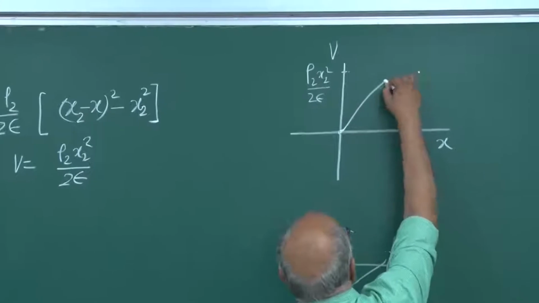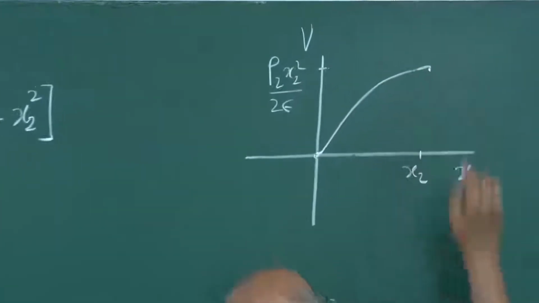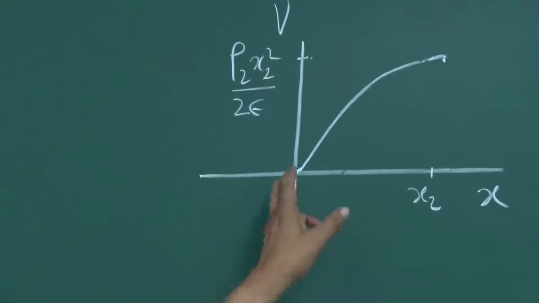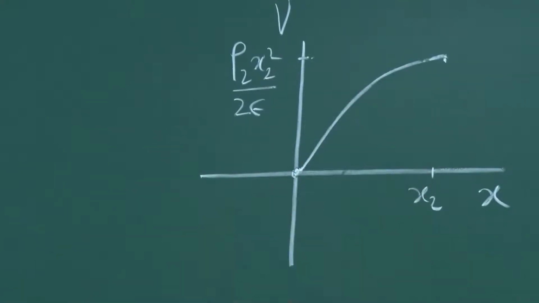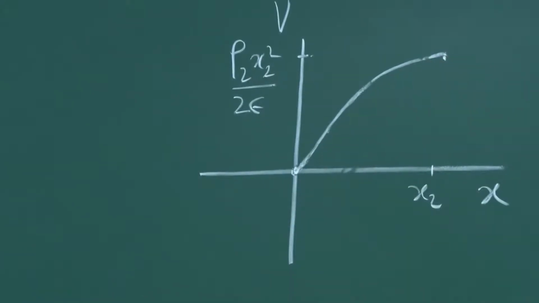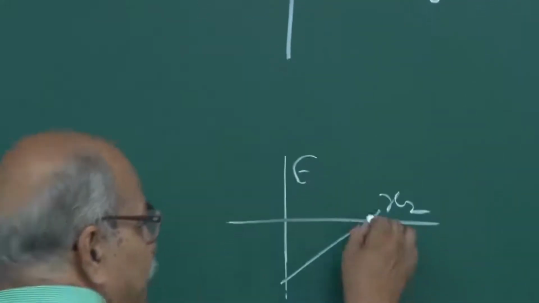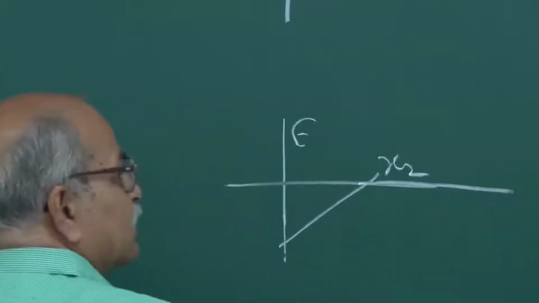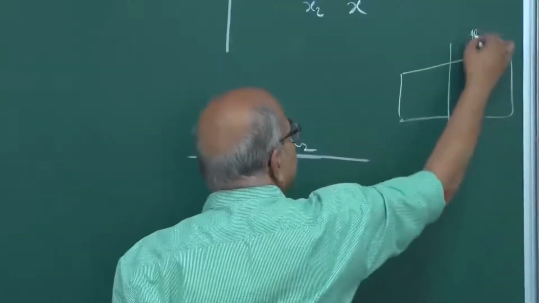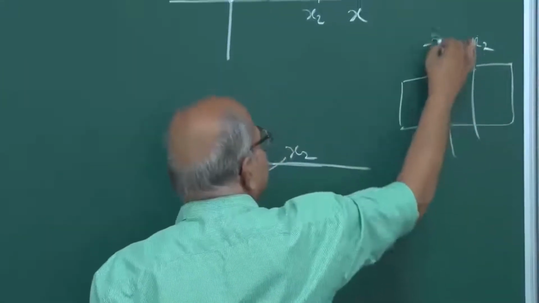It should be of this kind. Right? So that should be the kind of plot, quadratic, joining this point, and the slope gradually decreasing as you increase x, and beyond x2, right? Beyond x2, that means in your PN junction, this is x2 and this is minus x1.